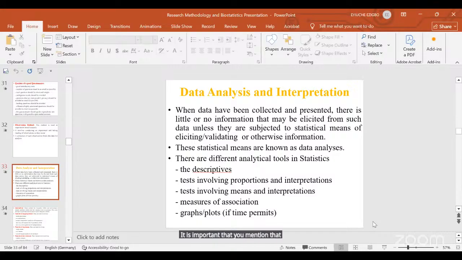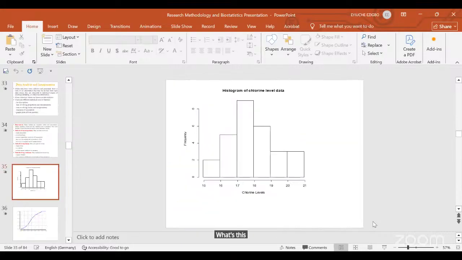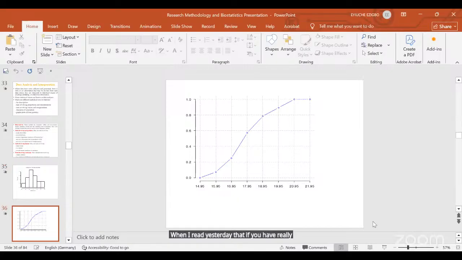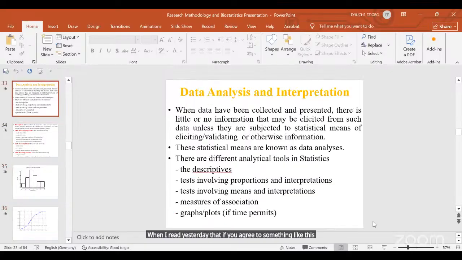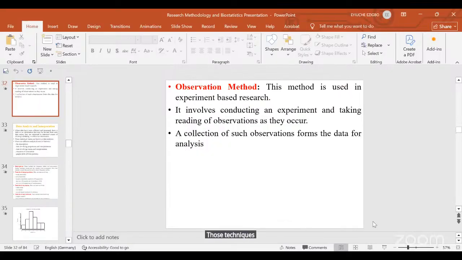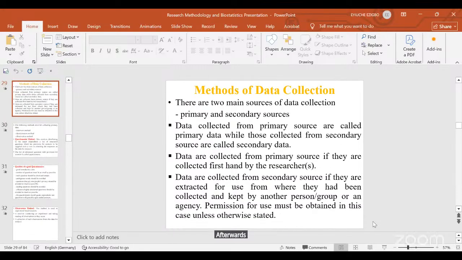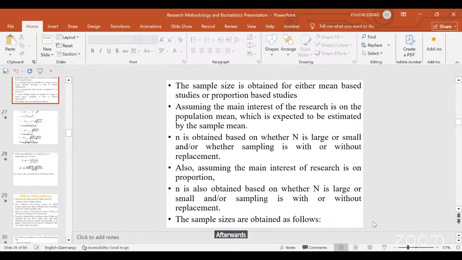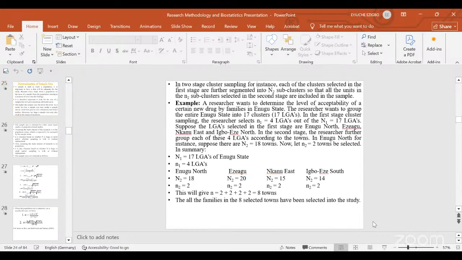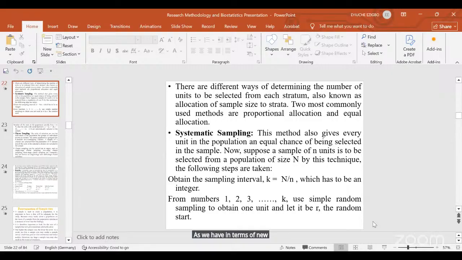And what makes a sampling method non-probability? We agreed yesterday that probability sampling methods are those techniques where all the individuals, all the units, have a chance of being in the sample.